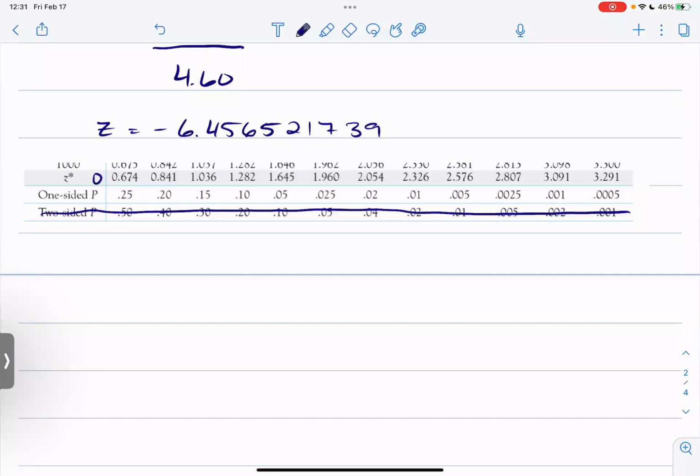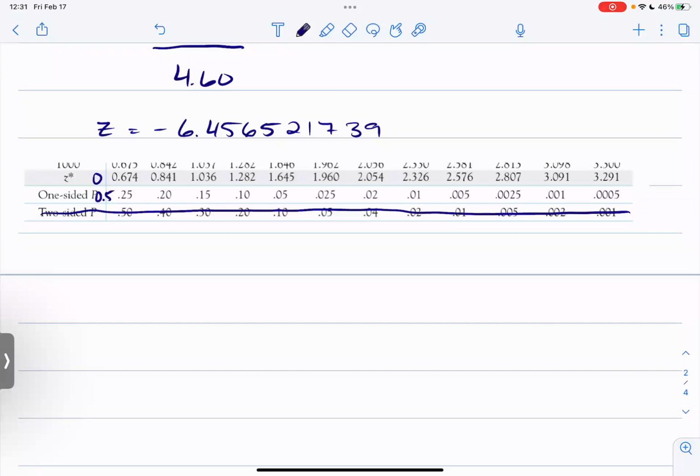There's actually a Z of 0 here, starting at 0, and then we start moving out to 0.674, 0.841, and so on. What's the probability in the tail from 0? 0.5, right? So here, if you want to have kind of a complete table, you would add the 0 and the 0.5.